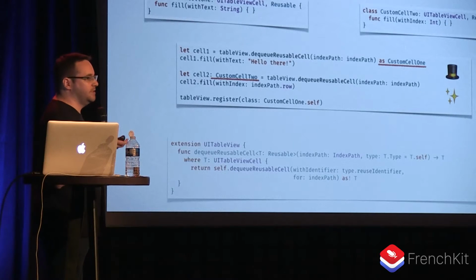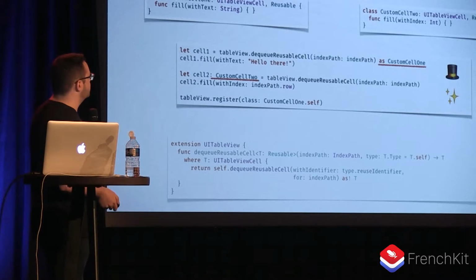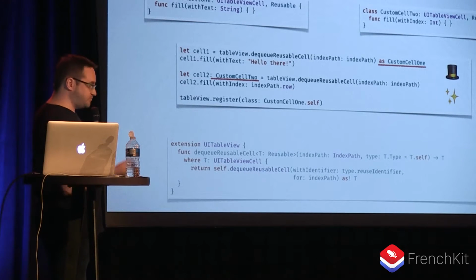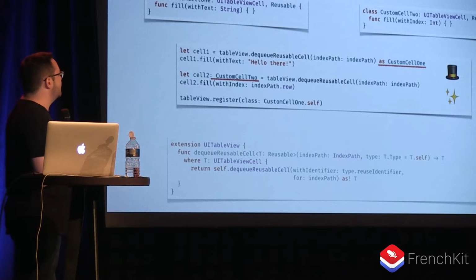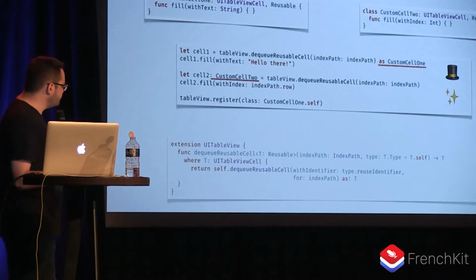So the compiler can also give you errors if you happen to try to dequeue a cell that is not reusable, not marked as reusable, or if you made a typo in the type name. So you got all those safety for free, and all that just by marking your custom cells as reusable.